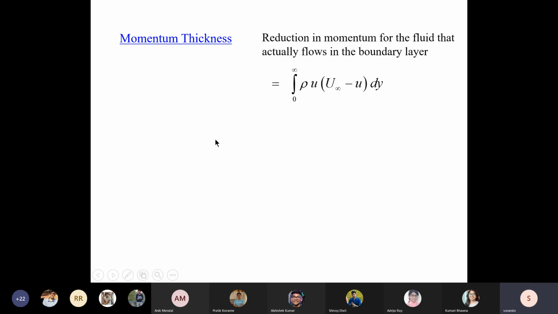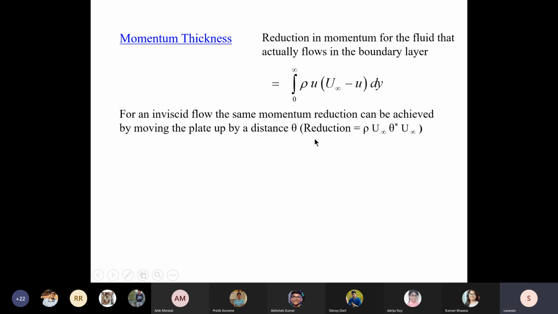Now, in order to obtain the same reduction in momentum, let's say I have to raise the platform, the plate, up by a distance equal to theta. So if I reduce the flow area by raising the platform by a distance theta, then the reduction in momentum must be equal to rho u infinity theta star.